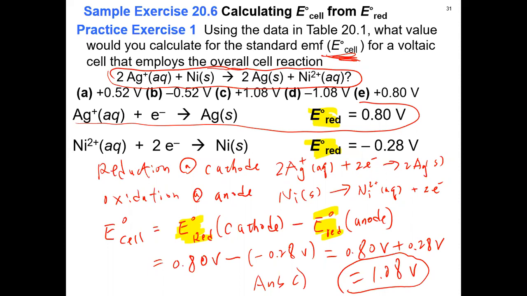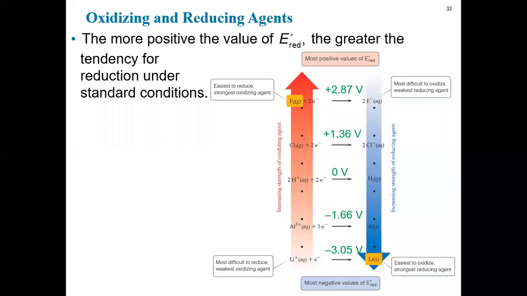All right, so this is this example. And let's see, the next slide is oxidizing and reducing agent. As I said, the modern table has these reduction potentials.